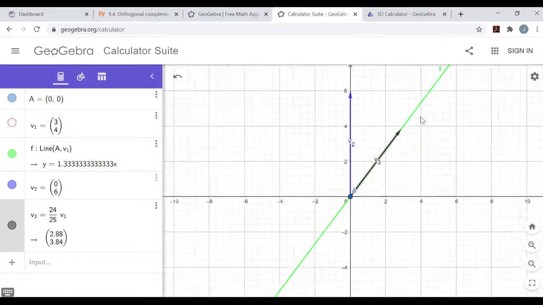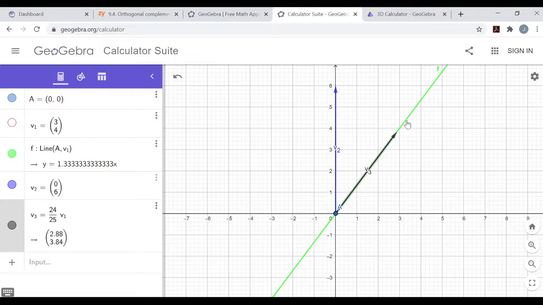And so what we've got, this is the vector on this line whose end is the closest to the end of vector 0, 6. Remember I said that the vector projection is the closest vector in the subspace to the vector y. So my vector was 0, 6, this vector here. Our projection is this black vector onto W. W is the green line, the span of 3, 4.